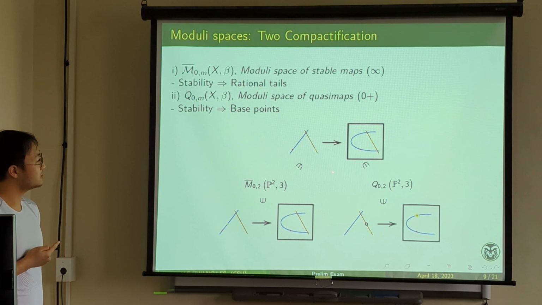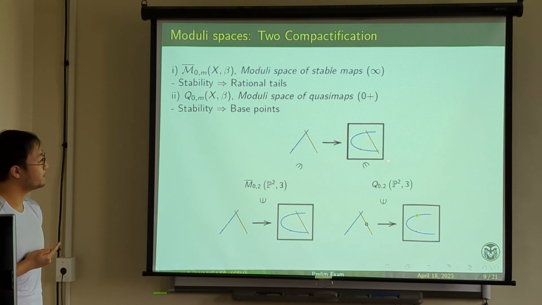So here is an example of a degenerated map, because I have a nodal curve. Then there are 2 points. I'm thinking of degree 3, and my target space is the projective plane. This blue component has degree 2, and this one has degree 1. So this goes to a line, and this blue component goes to a conic.